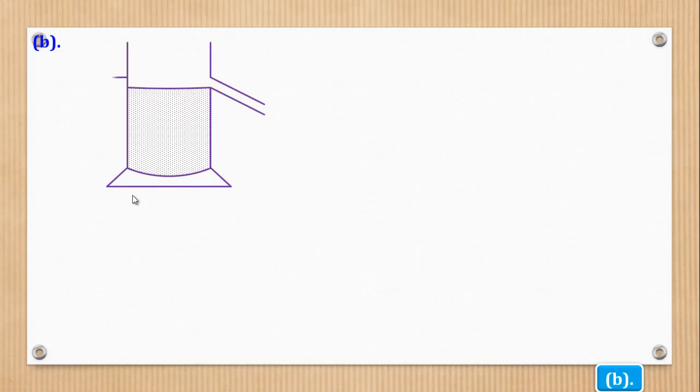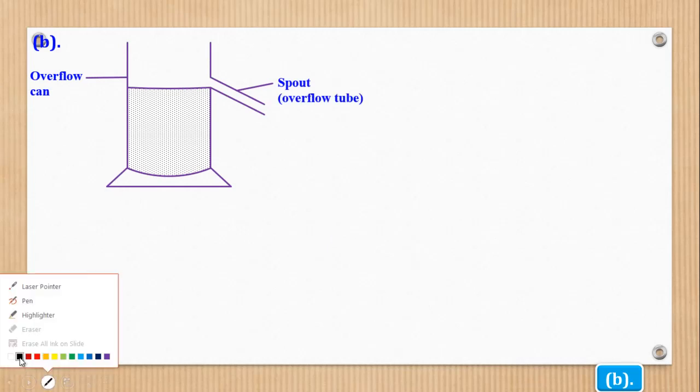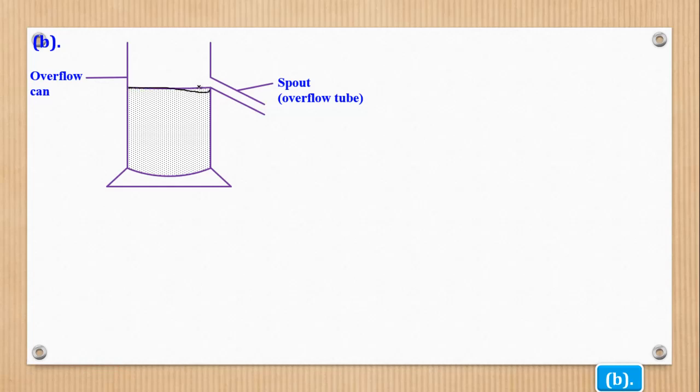So we shall have an overflow can filled with water to spout level. So this is the level of water, it's at the spout level. Then you also have a beaker or measuring cylinder to measure the volume of the water displaced.